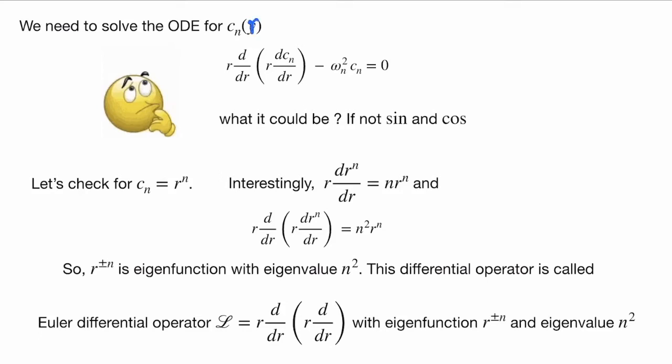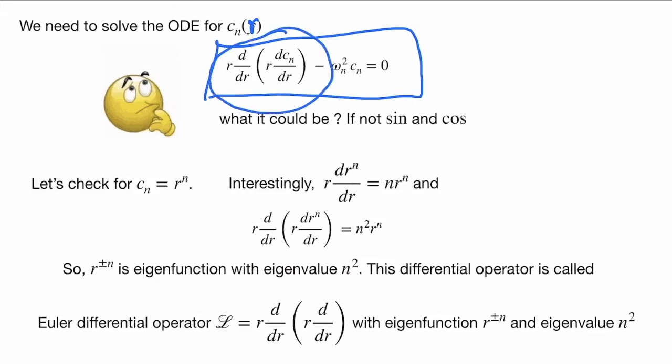Let us look at the differential equation. The differential operator here is what we need to focus on. It definitely doesn't have sine or cos as its eigenfunction, so we have to look for some other solution. Why not check for r to the power n?